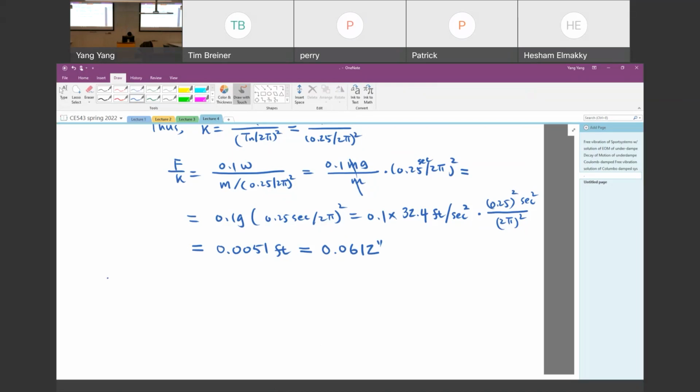So after the first cycle, the displacement U1 is equal to U0 minus that, 4 inches minus that.